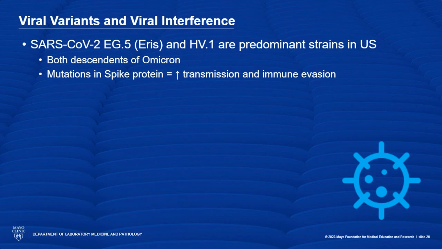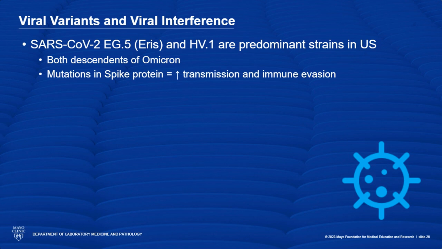What about viral variants and the potential for viral interference? So first on variants, I talked about HV1, and also there's another variant called EG5, which we called Eris. Those are the 2 predominant strains in the United States. These are both descendants of Omicron.